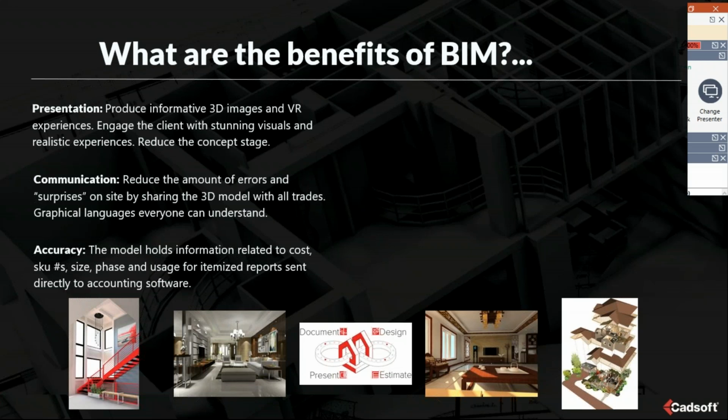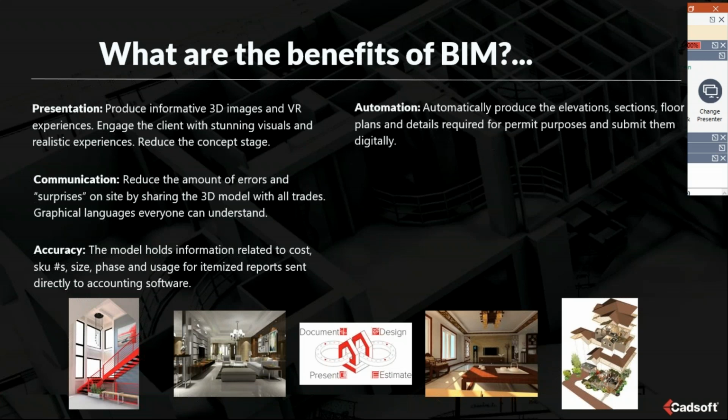And those 2x12s have framing nails with a SKU number of XYZ. And all of the various parts that go into that should be able to be put into a list and itemized reports sent directly to your accounting systems or your point of sale systems if you're working in a storefront or lumberyard.